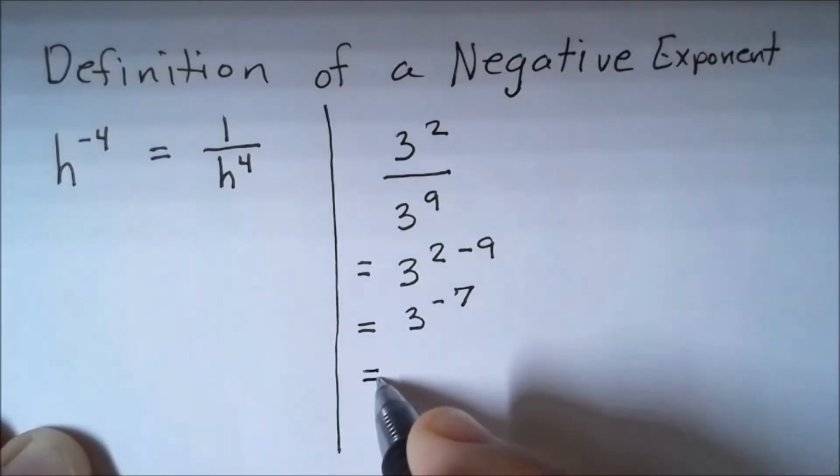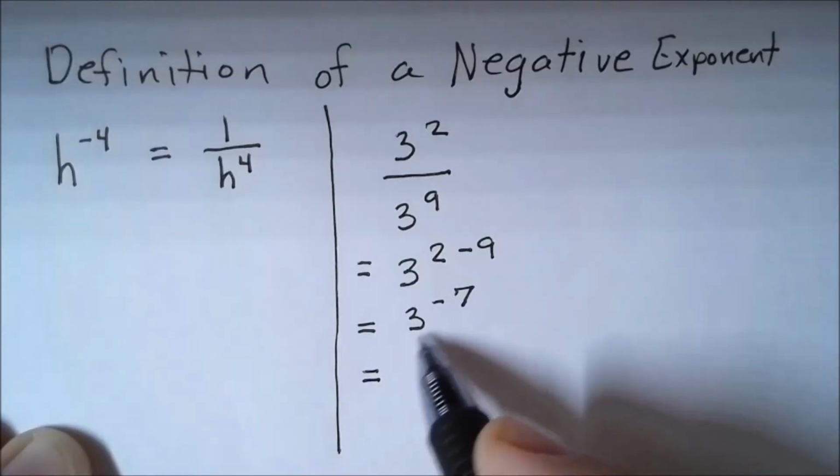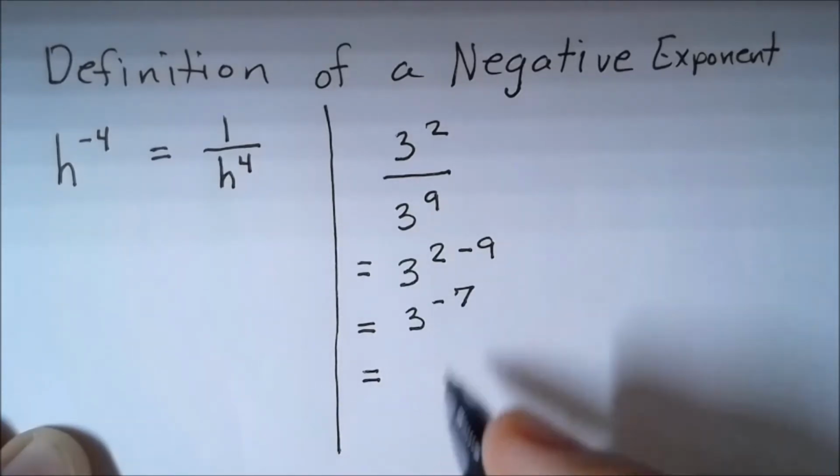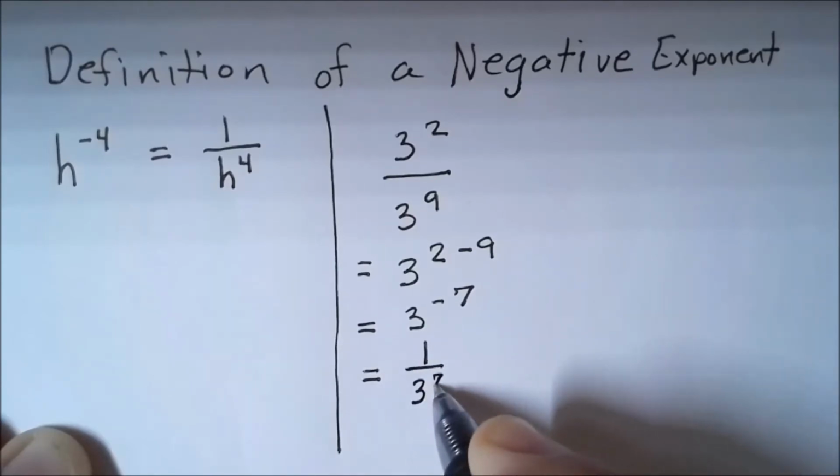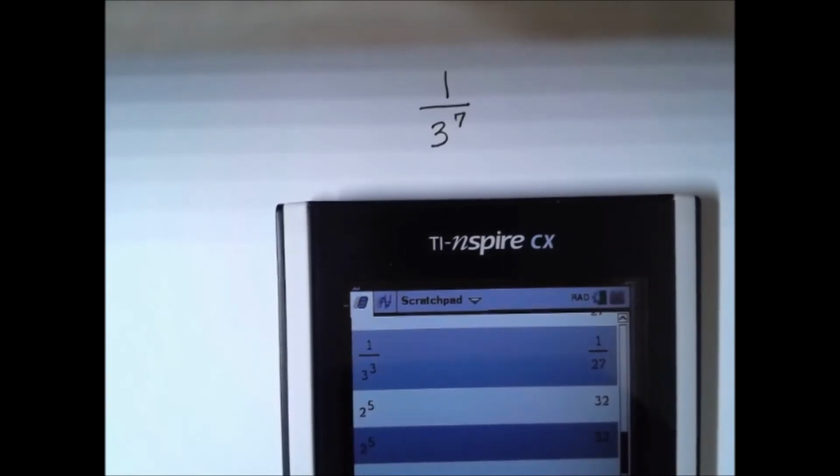So we're going to use that idea. We're going to change it. Instead of 3 to the power of negative 7, it's going to be 1 over 3 to the power of positive 7. Now, we're almost done. We have 1 over 3 to the power of positive 7. And the final thing we need to do is take care of that exponent. So what is 3 to the power of 7?